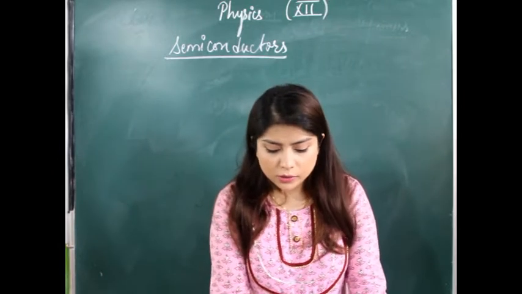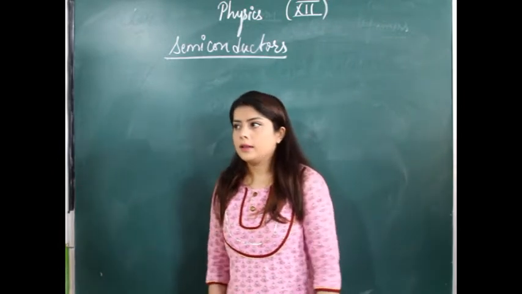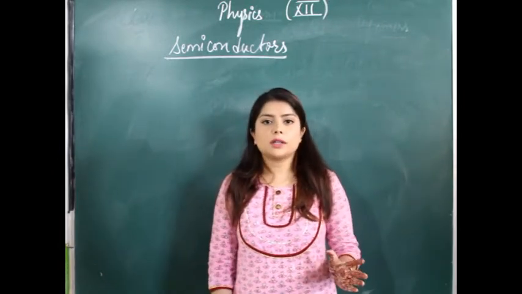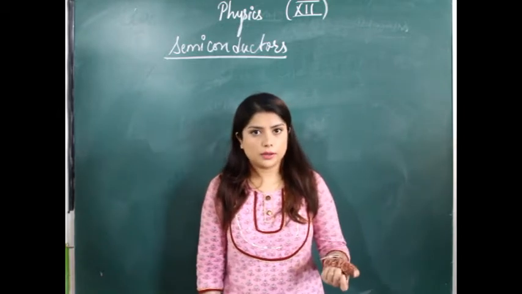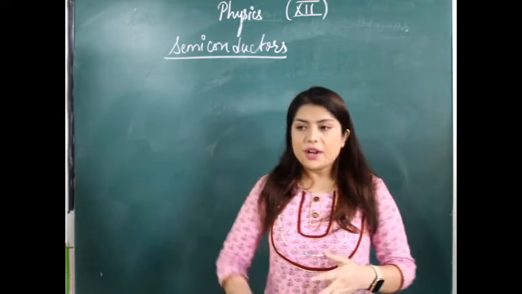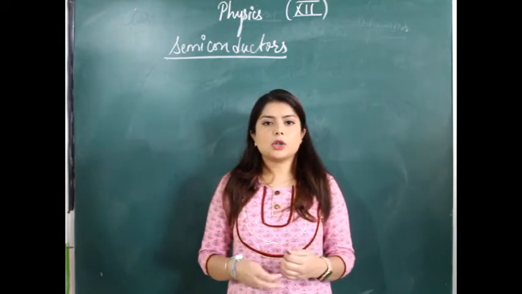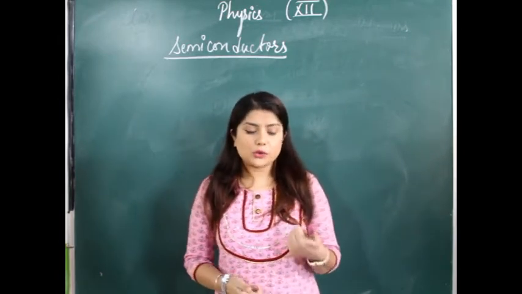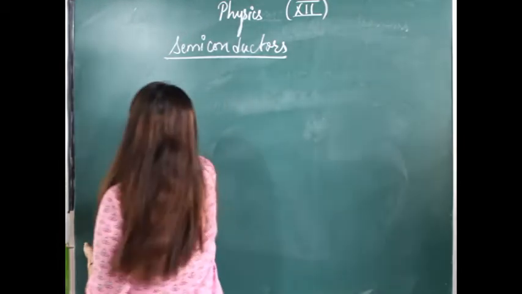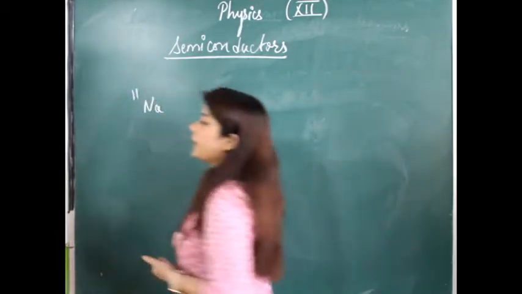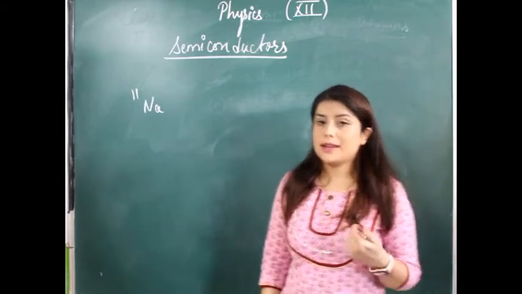Further studying semiconductors, I'll give you an example of how they work. There are energy bands in an element. Any element has energy bands. Take the example of sodium. It has 11 electrons and 11 protons.